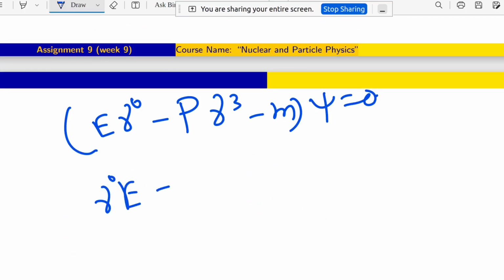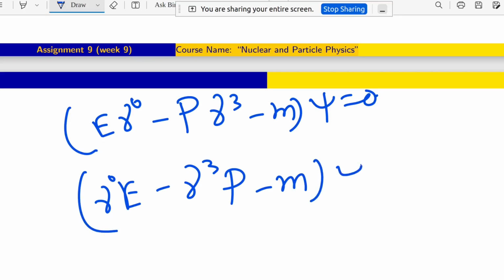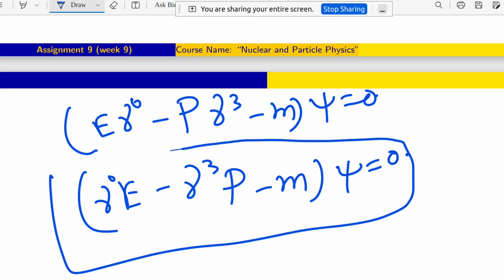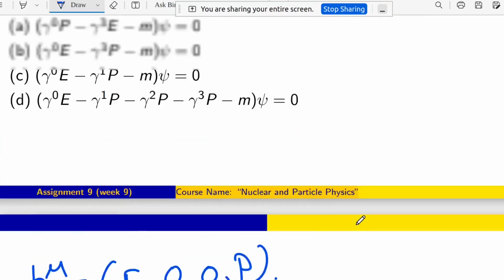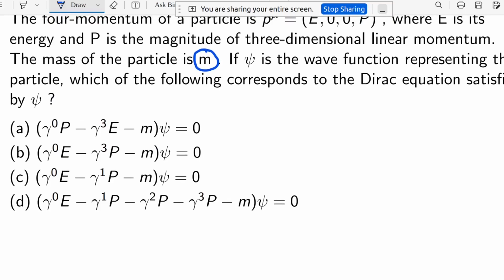Gamma 0 E minus gamma 3 p minus m psi equals 0. This is the required Dirac equation. So now we look at the options: gamma 0 E minus gamma 3 p minus m psi. That means the option will be B. This is a very simple question.